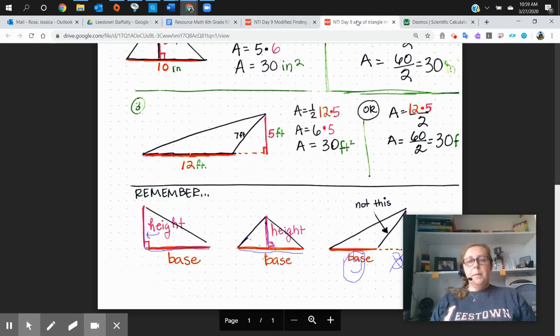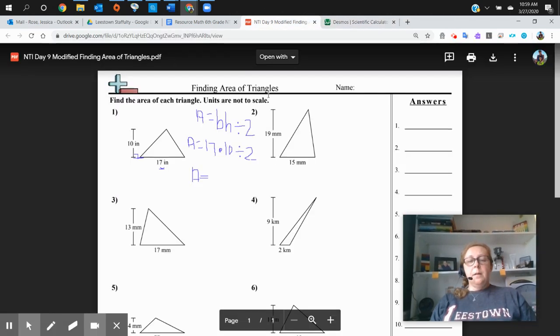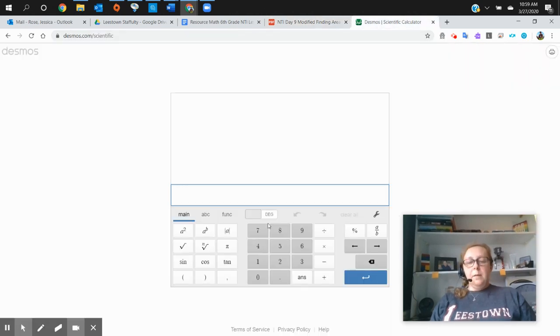Okay, so I'm going to flip back and see the numbers because I've already forgotten. Okay, we have 17 times 10 divided by 2. So you can type that in your Desmos calculator: 17 times 10 divided by 2. Okay, you can see that the Desmos calculator actually did not like the way that we typed it in. It gave me the wrong answer.